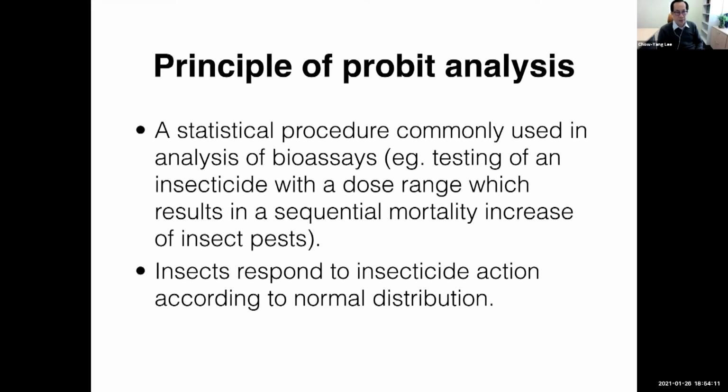It is a statistical procedure used in the analysis of bioassays, with a range of doses resulting in a sequential mortality increase of the pests. The insects normally respond to the insecticide action based on a normal distribution.